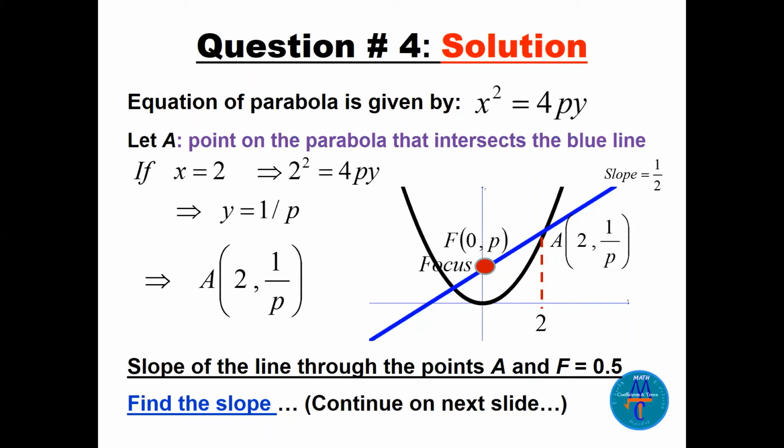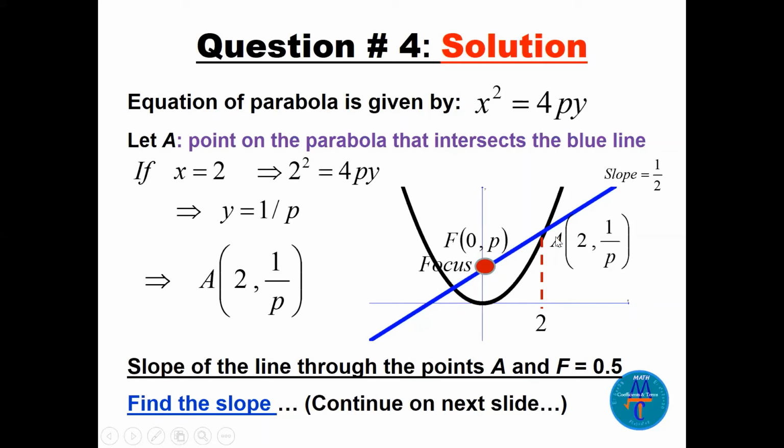So y will be 1 over p. So I put here (2, 1/p). That's A. And there is another point here, the focus, (0, p). That's another point, (0, p). This is what we need.